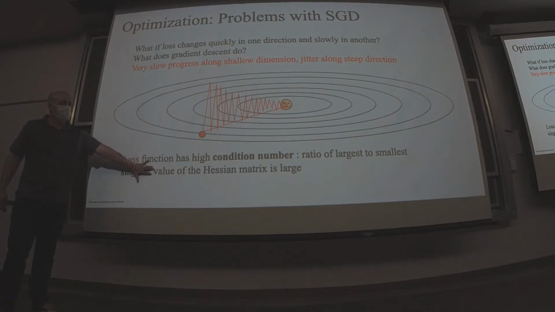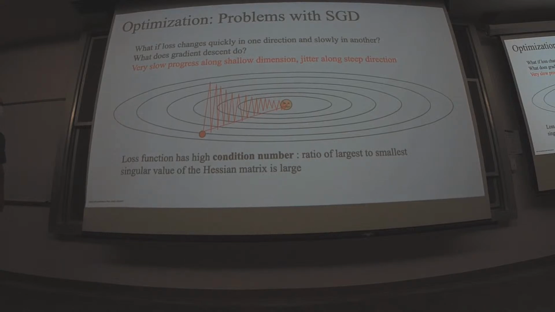If you know something about numerical methods, the eigenvalues, or equivalently the singular values, of your Hessian matrix, the curvature matrix, give you a really high condition number.